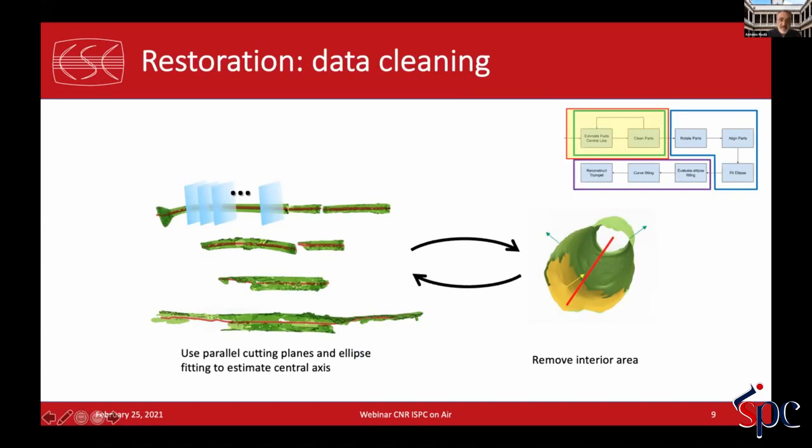That is the red line that you can see in these pictures. And the central axis allows us to easily determine the areas to be cleaned. Those areas are here in yellow, with a normal vector pointing toward the central axis.